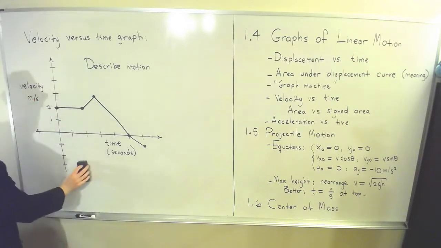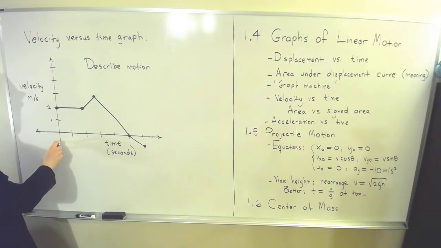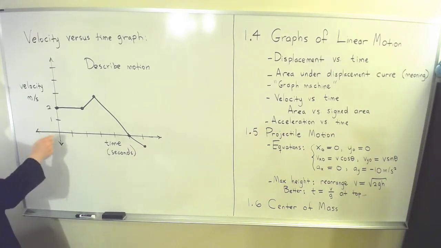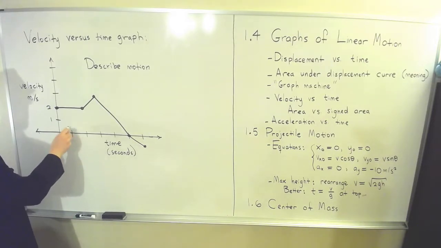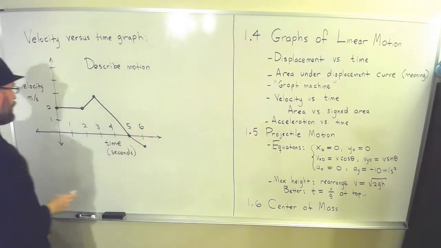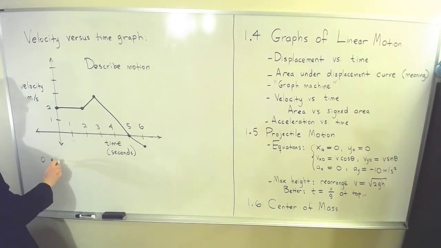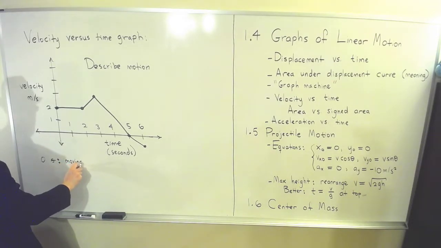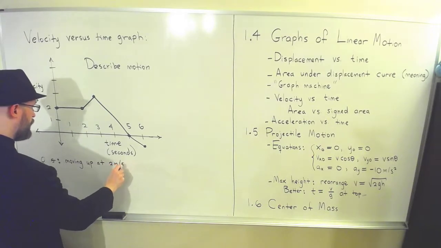So if I doctor this a little bit, it's funny, I drew that, now I'm erasing it. I'll put my numbers here so I can fit them: 1, 2, 3, 4, this would be 5 and 6. So at 0 seconds, this is moving up at 2 meters per second.